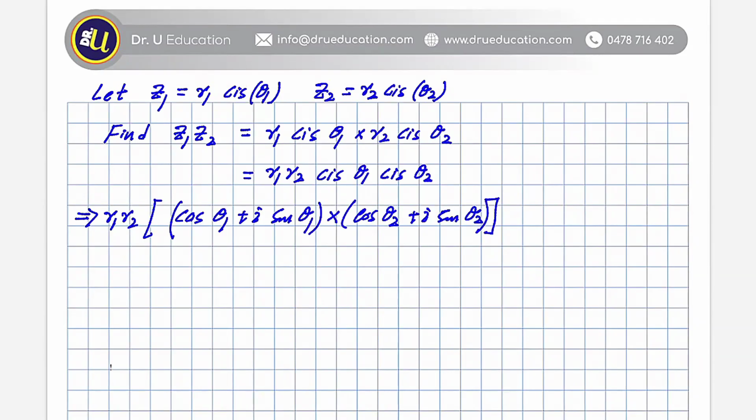So now you get cos theta 1 cos theta 2 plus I sin theta 2 cos theta 1.